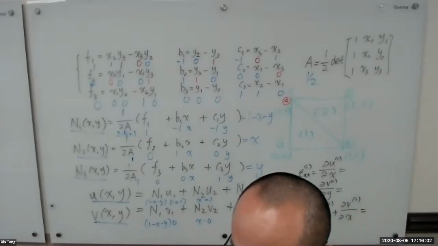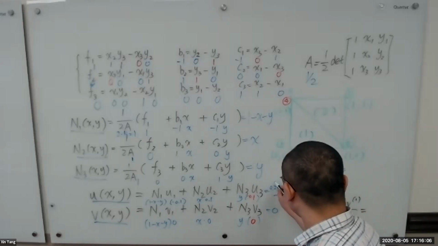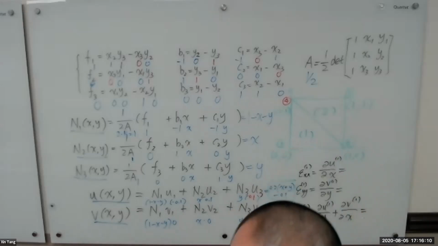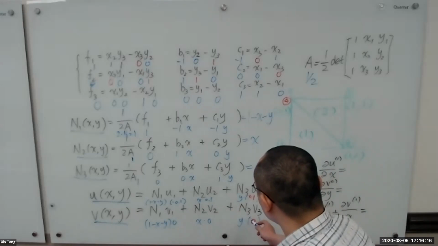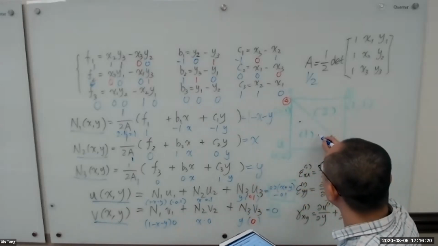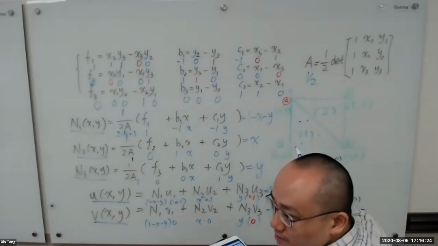These actually are the important values. These two are very important, because then you can find any displacement. You can actually try it. You can find the displacement at any point within this triangle.